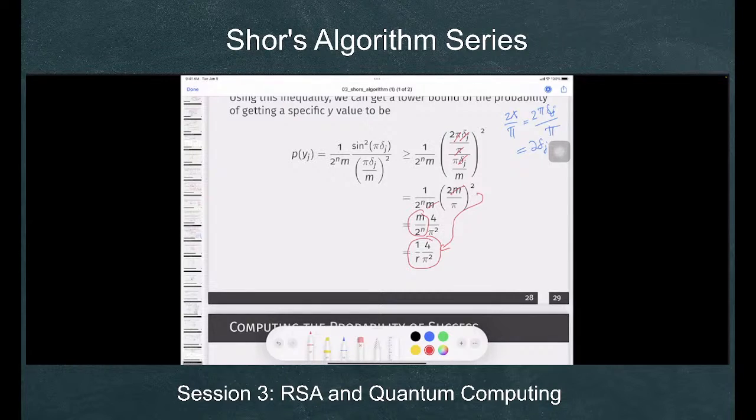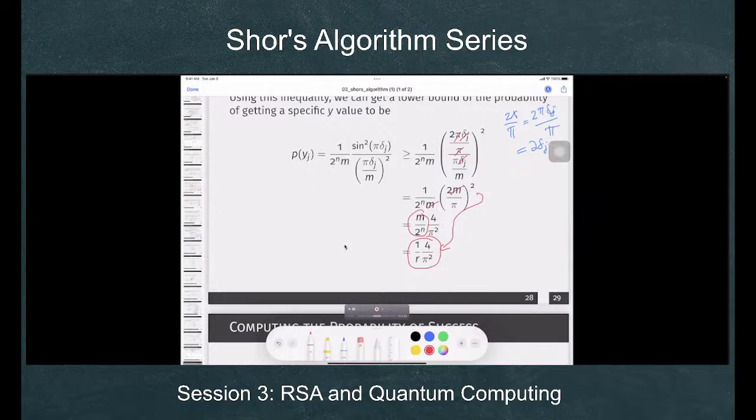Now, that's the probability of getting a specific y, no? But how many of these numbers do we measure?